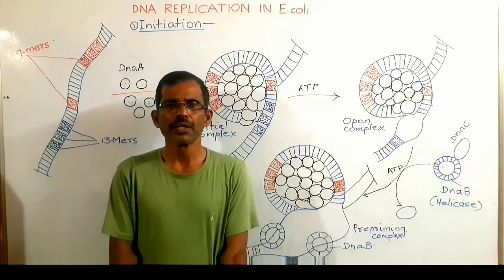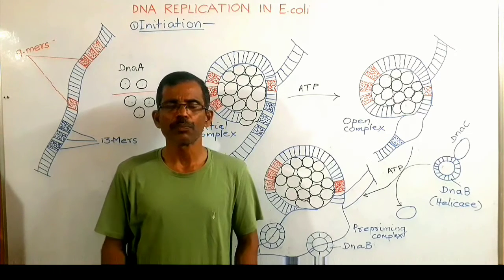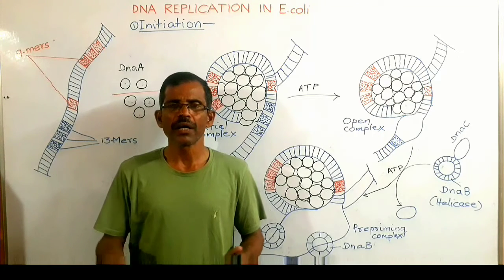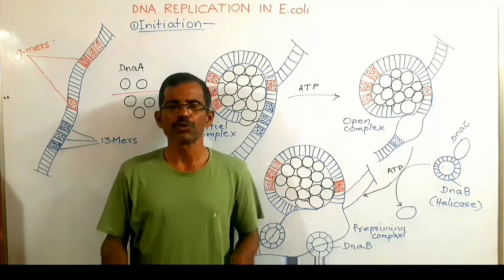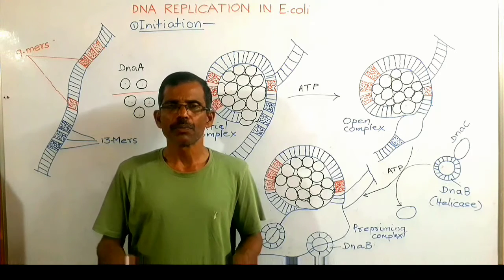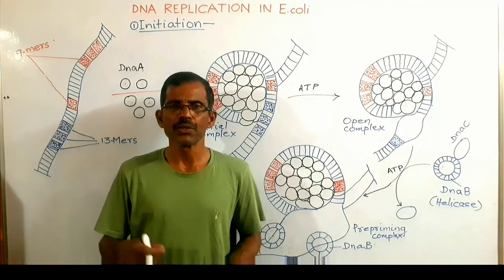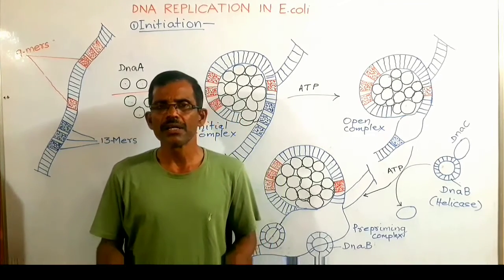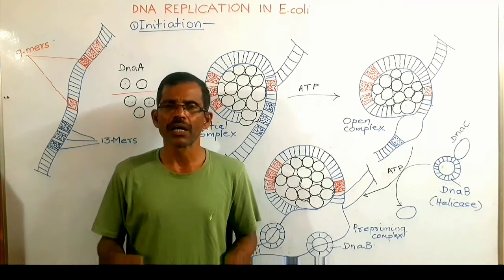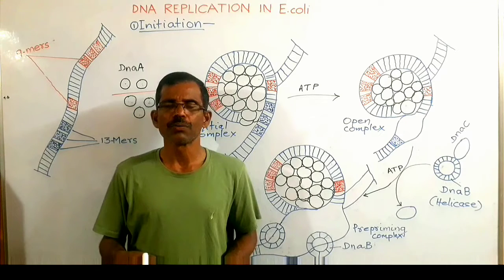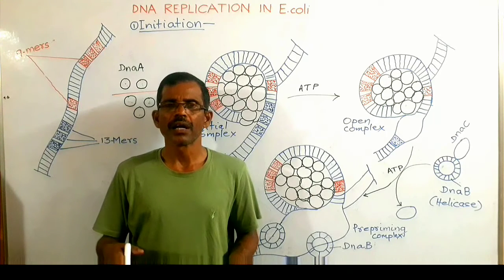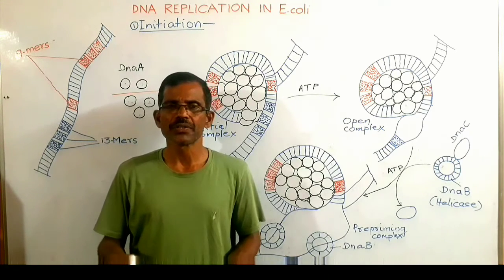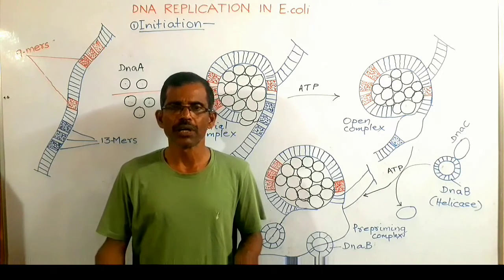The activity of helicase creates topological stress. This stress causes the unwound DNA strands to become supercoiled. This topological stress is relieved by another enzyme known as DNA topoisomerase or DNA gyrase. This enzyme relieves the topological stress by negative supercoiling.